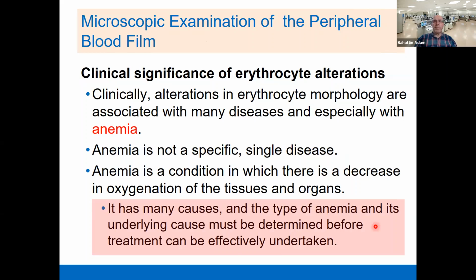Okay, now the clinical significance of erythrocyte alteration needs to be discussed here, because alterations in erythrocyte morphology are associated with many diseases, especially with anemia. Anemia is either a low level of hemoglobin or a low level of erythrocytes.